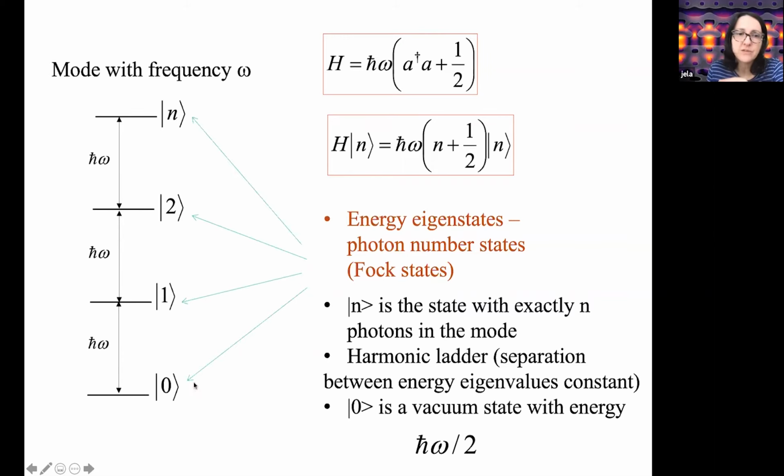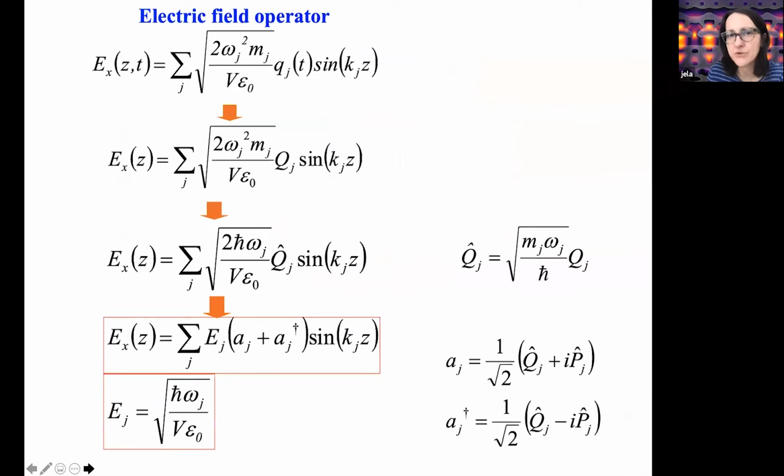And if you're in the state 0, you have 0 excitations. You're in the vacuum state. Is that making sense? And this ladder of energy eigenstates for a harmonic oscillator is called a harmonic ladder. Harmonic means that all the energy eigenstates are separated by the same amount. And we'll see that there are also anharmonic ladders next week when we start doing light-matter interaction.